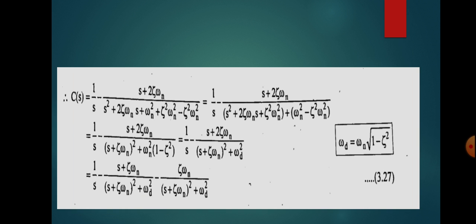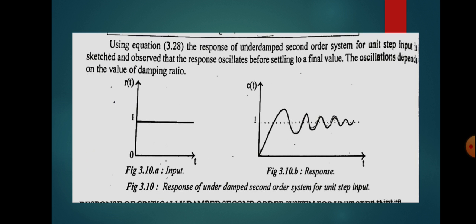In this case, once we give the step input, oscillations will be present at the output, but they are damped oscillations. That means the response oscillates before it settles to a final value.